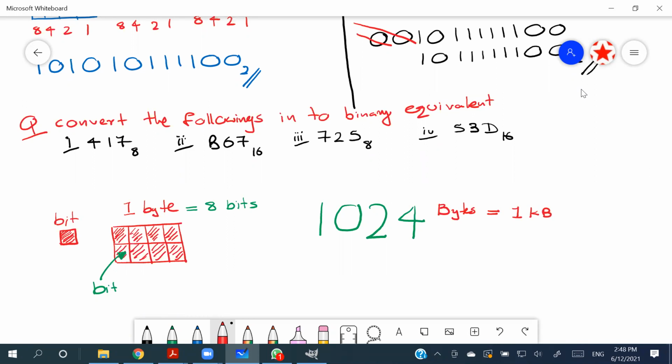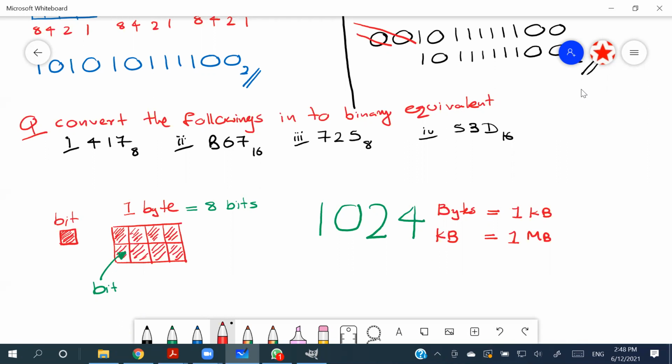And later you will see 1024 kilobytes equals 1 megabyte, right? So from byte onwards, the units differ from 1024 to 1024.